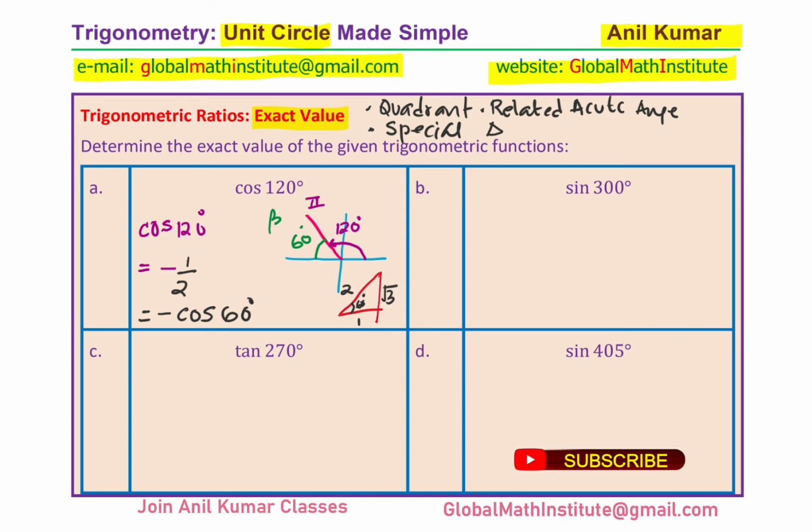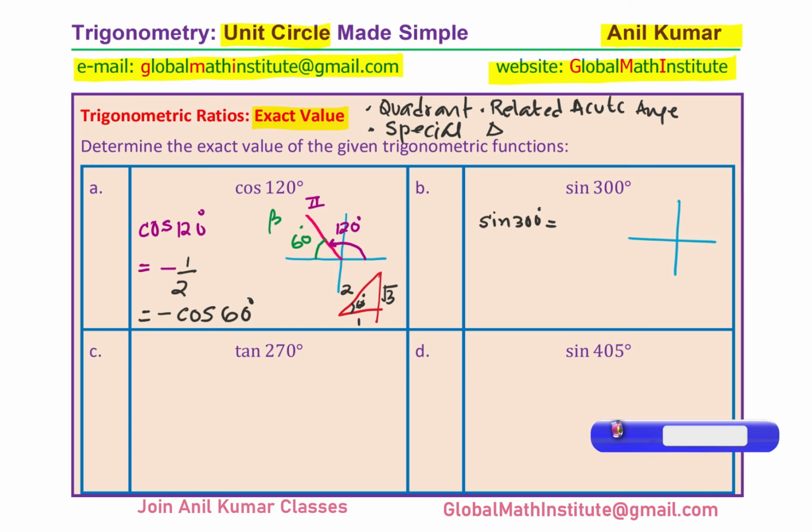So follow the strategy for sine 300. When we have sine of 300 degrees, in which quadrant are we? Well, let's look into this. 300 is 60 less than a full circle, so it is around here. You see that the related acute angle here is equal to 60 degrees, similar to the previous situation. So we are in quadrant 4, and if you apply the CAST rule, you also know sine is negative.